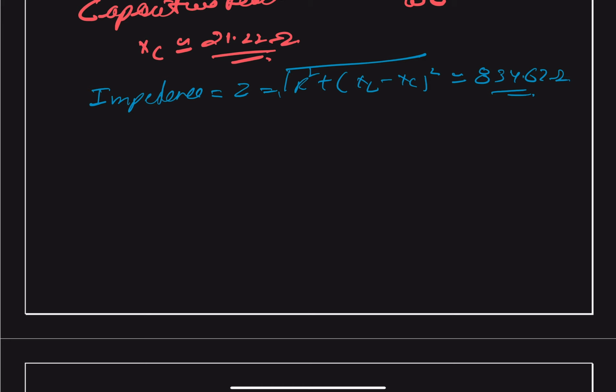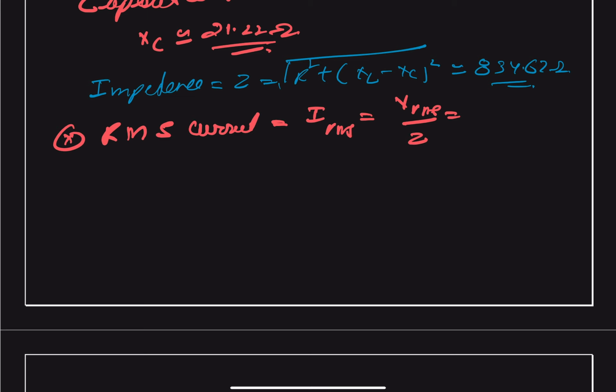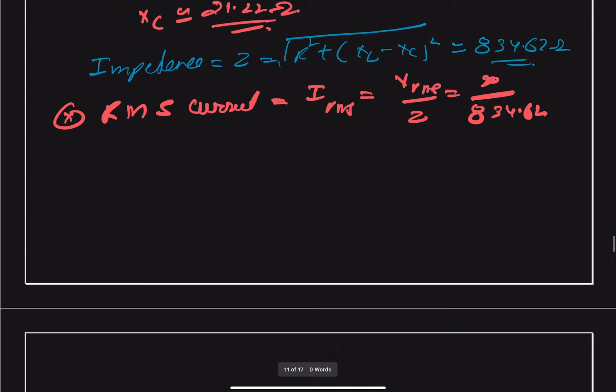Now we can find out the RMS current that will be flowing in the series circuit. IRMS will be equal to VRMS divided by Z. VRMS is given as 20, and we just found our Z, that is 834.62.